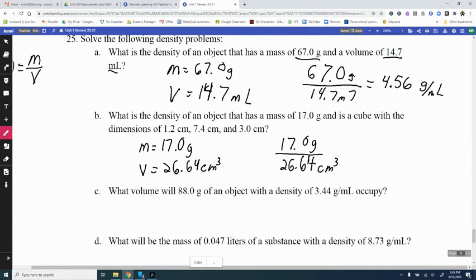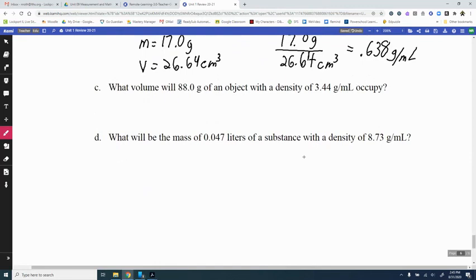We get 17 divided by 26.64, and we get 0.638 grams per milliliter.